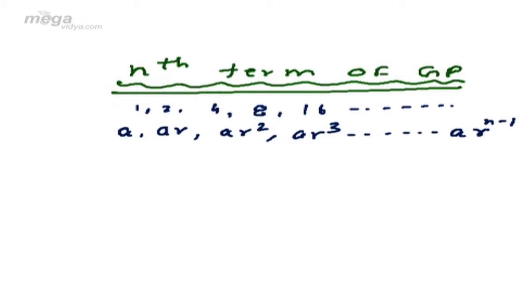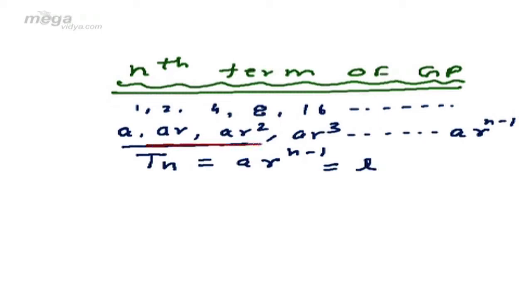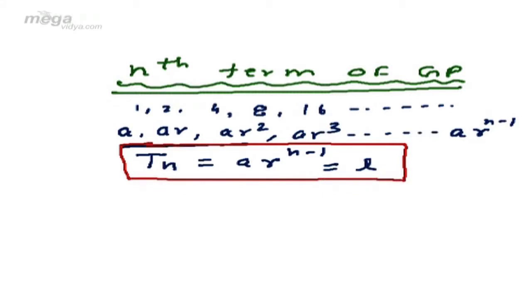So you get the first formula related to GP: the nth term of the GP, Tn, is AR to the power n minus 1, and this is equal to the last term of the sequence. This is the first formula we will use in GP.